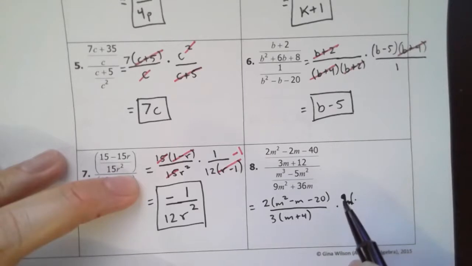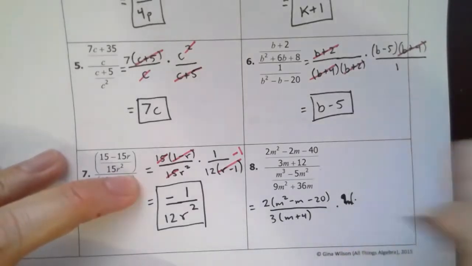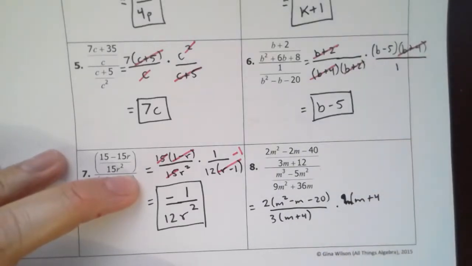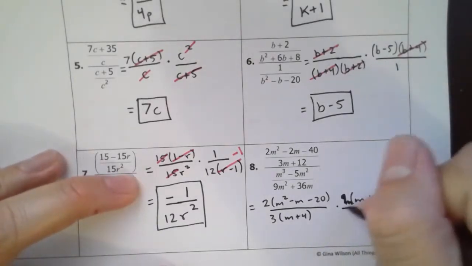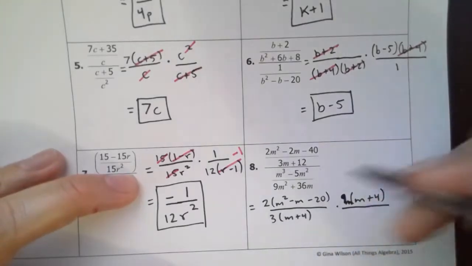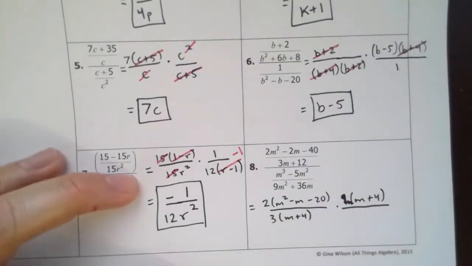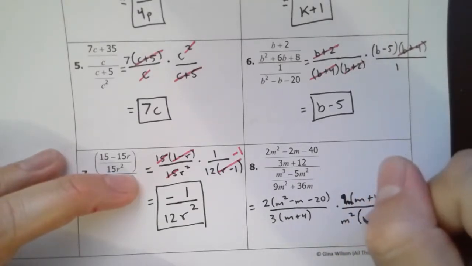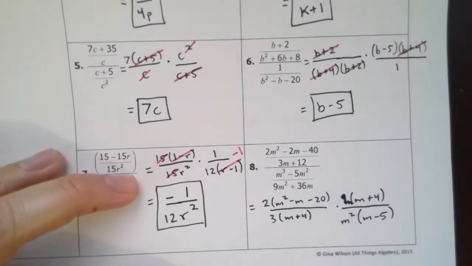Let me say it one more time, 9m times (m plus 4), over m to the third minus 5m squared. I can factor out an m squared, and I get m squared times (m minus 5).